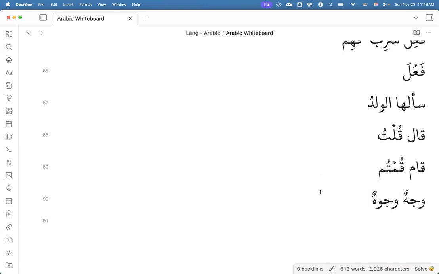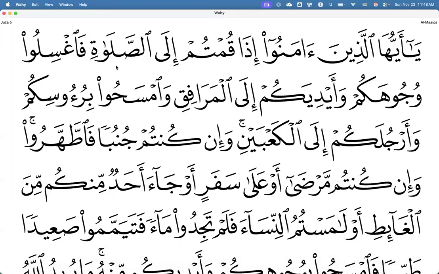Now, if wujuh becomes an object, it becomes wujuha, right? So in this case, Allah is asking us to do an action. Then wash. Wash what?